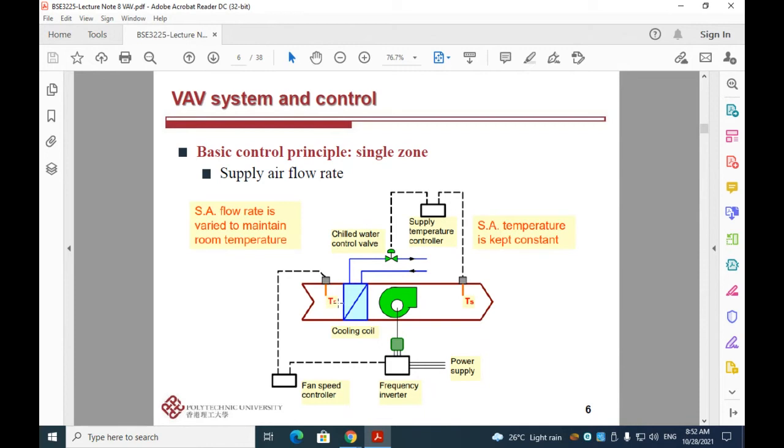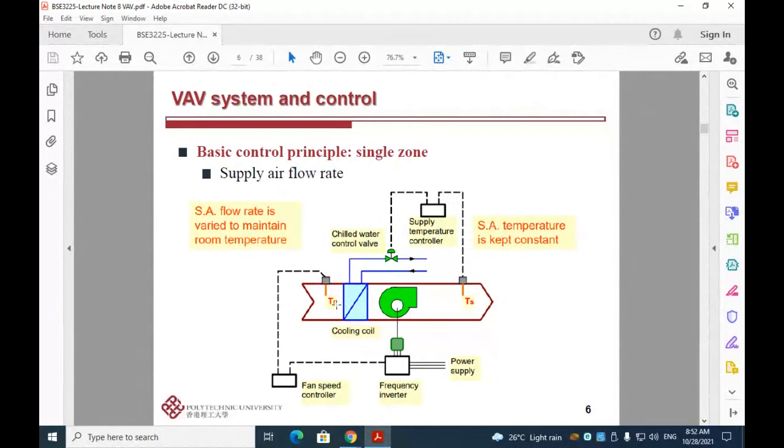And then only by changing this flow rate of the air and by maintaining the temperature and flow rate of the chilled water, then we can see that in analyzing the energy balance here, the load of the coil actually will be maintained more or less the same.